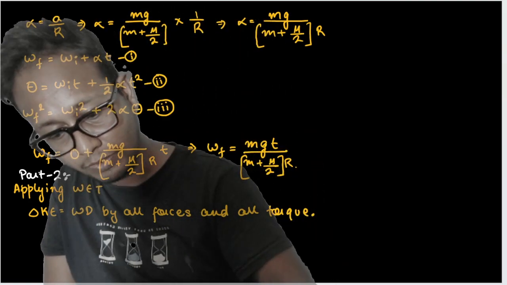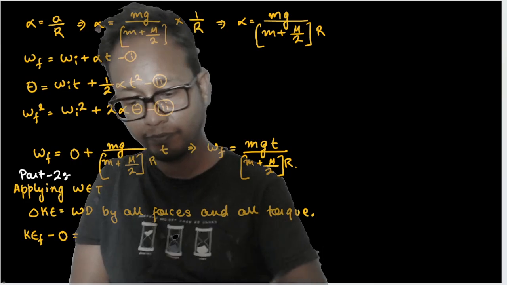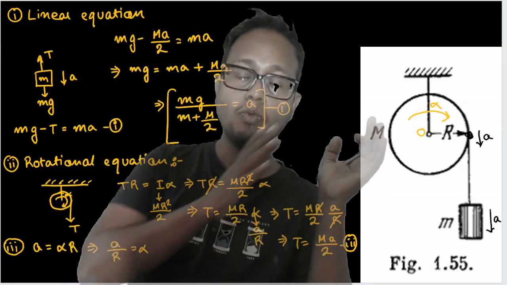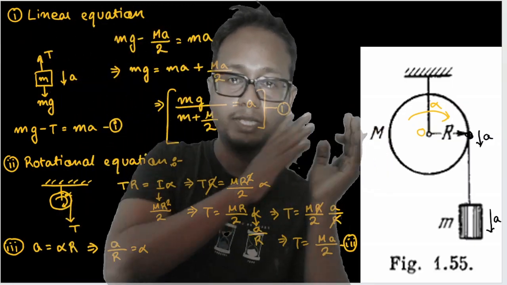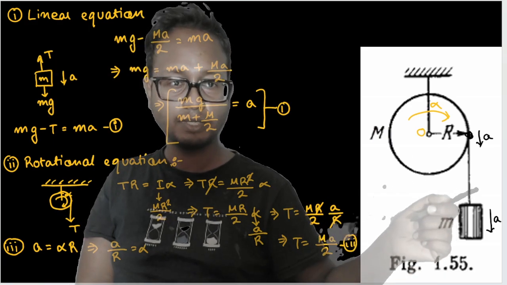So final kinetic energy minus initial kinetic energy. Initial kinetic energy was zero. Now let me check what are the forces and torque out here. mg is one force, tension is another force.